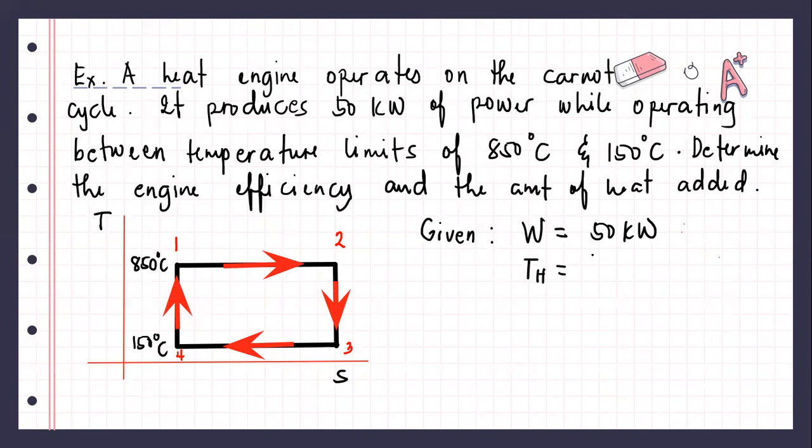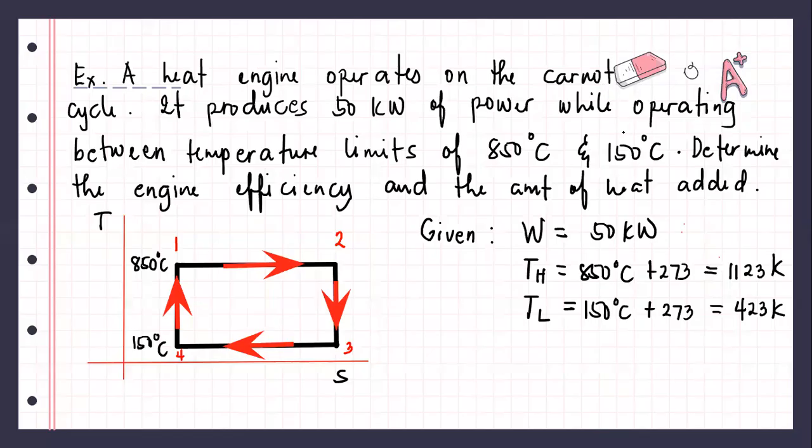High temperature is equal to 850 degrees Celsius plus 273. Lower temperature is equal to 150 degrees Celsius plus 273. Now, for the higher temperature, we have 1123 Kelvin. And for the lower temperature, we have 423 Kelvin. Using the formula for the efficiency, we have higher temperature minus lower temperature over the higher temperature times 100.